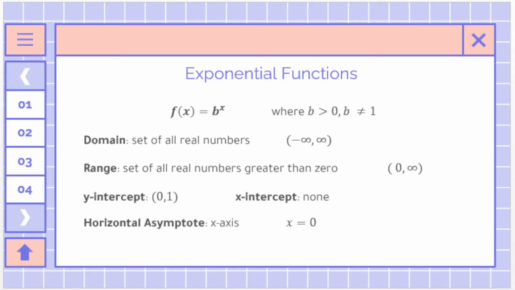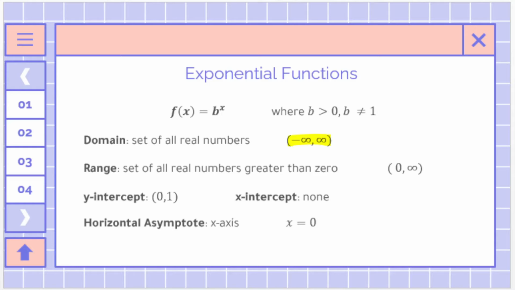Now, for the properties of exponential functions, we have our domain. It is the set of all real numbers. So in interval notation, you will write it as negative infinity to positive infinity. And for the range, it is the set of all real numbers greater than 0, or the set of all positive real numbers.